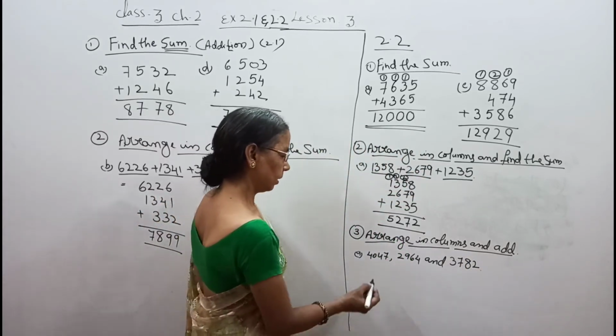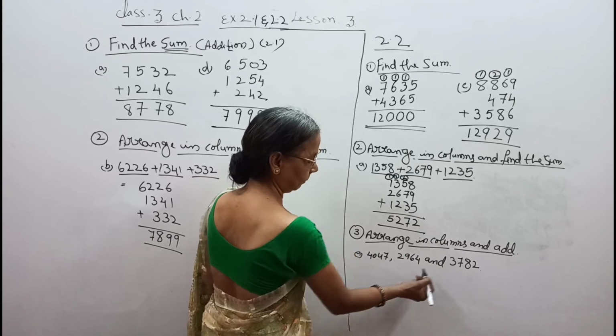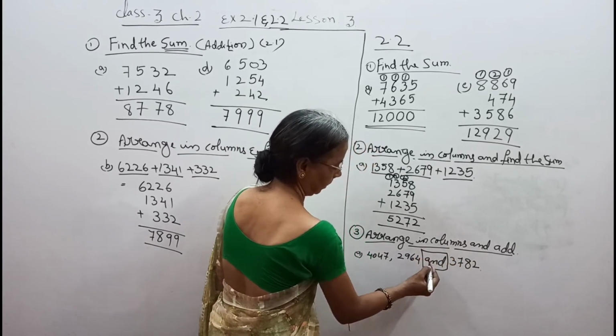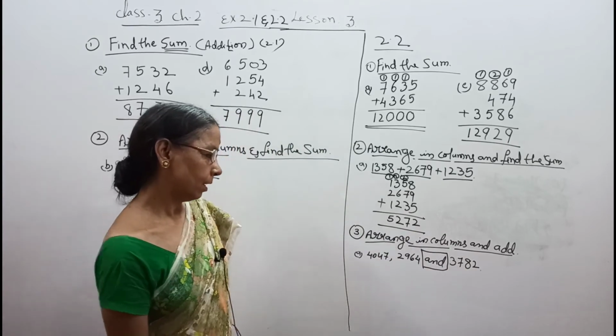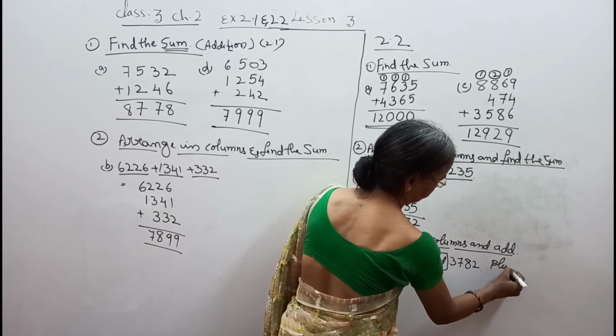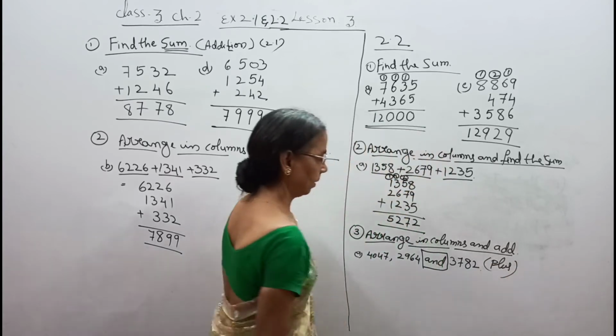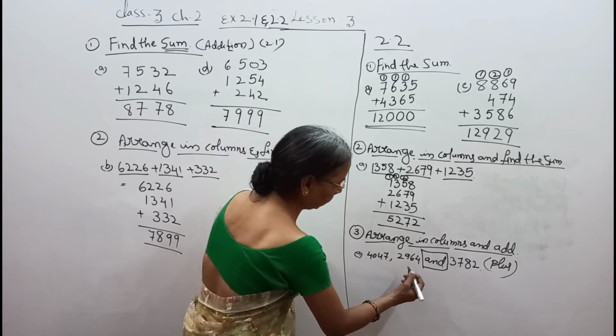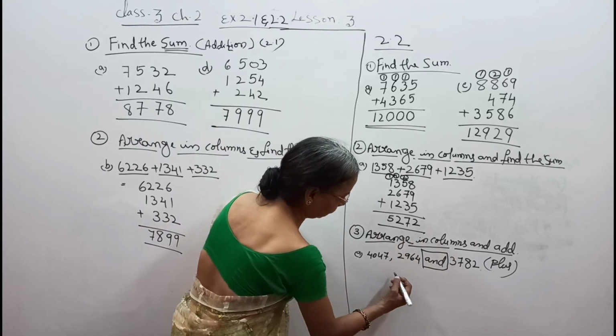Here there is no plus marking in between the numbers, but it is given as "and", which means it shows plus. So without any doubt you are going to add these numbers.